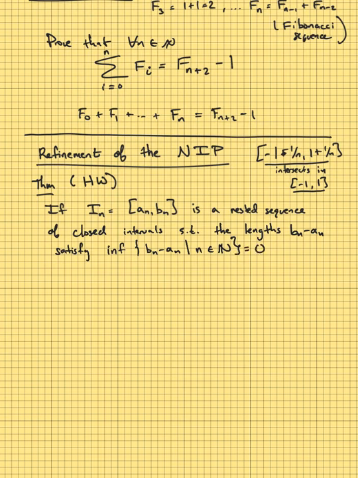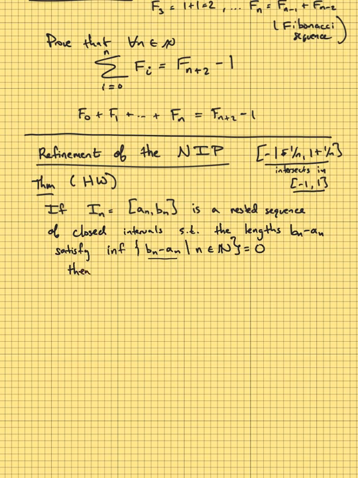Okay, so notice the lengths are all positive numbers. They're actually decreasing since you have a nested sequence of intervals. And what we're saying is that the infimum is 0. Though it doesn't honestly have to be 0, right? It could just kind of approach it.